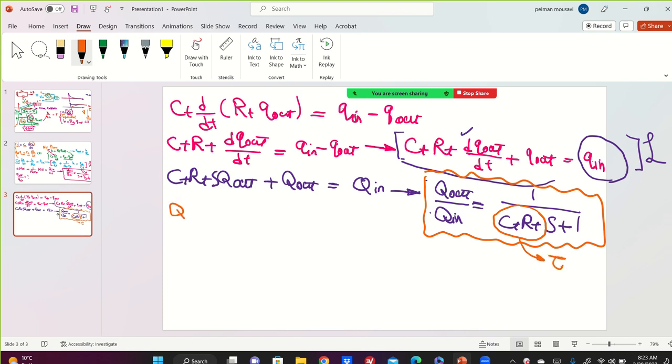So Q out over Q in is gonna be 1 over tau of the tank S plus 1. So the time constant of the tank is the capacitor of the tank multiplied by the resistance of the valve. You see this very beautiful analogy between the systems.